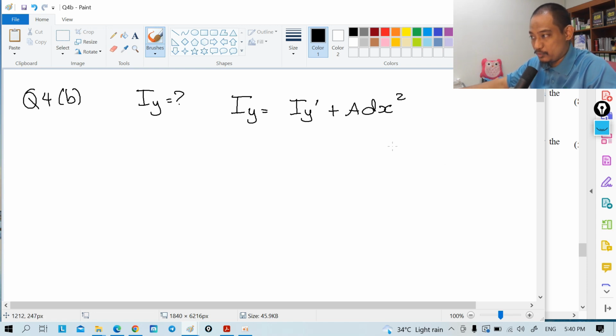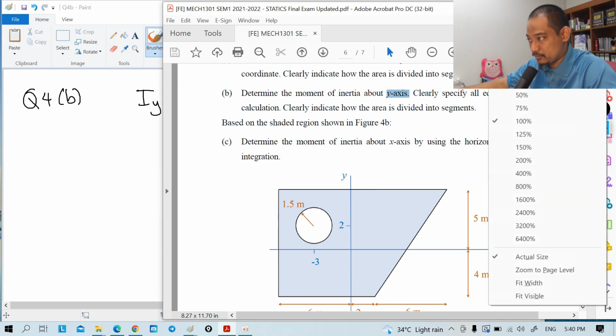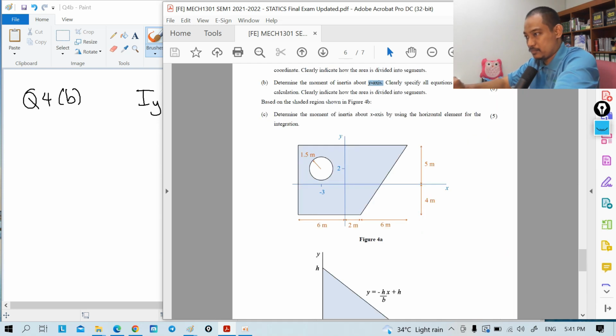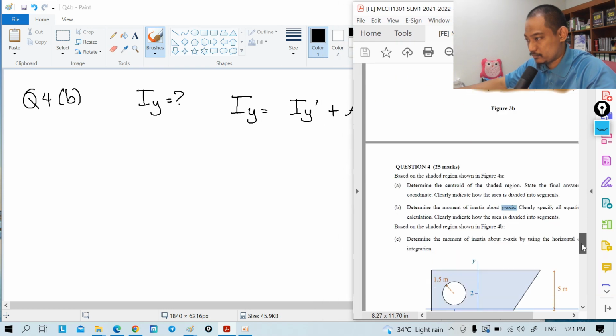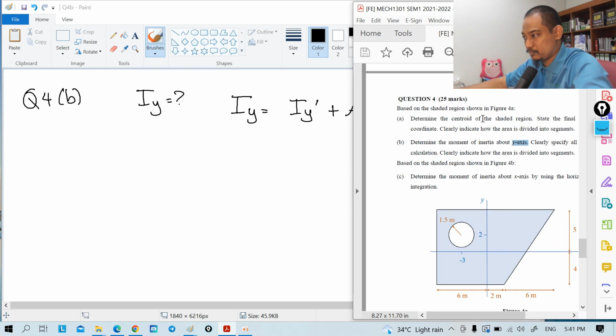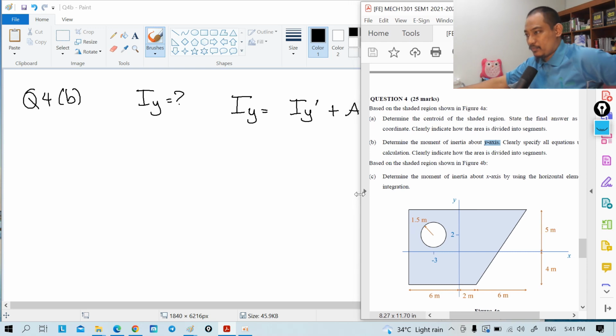Alright, so we will divide the area again. Okay, somewhere there.